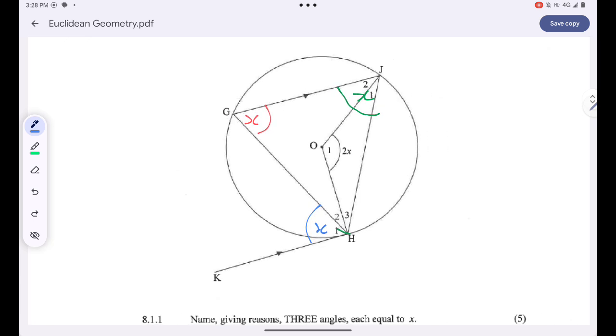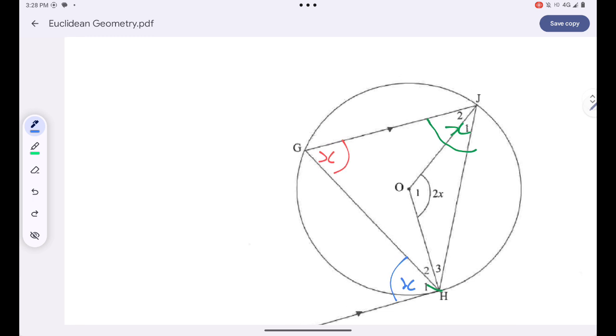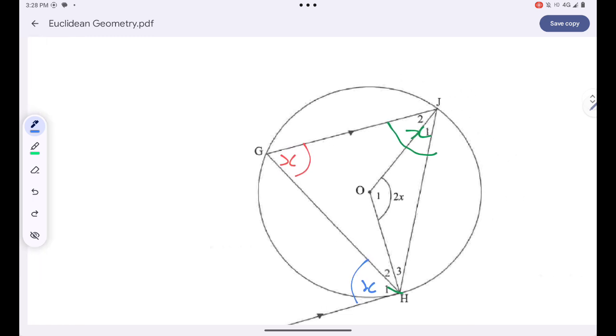Okay, how can we show that these two angles are equal? I know that angle H1 plus angle H2 should give me 90 degrees. Why?